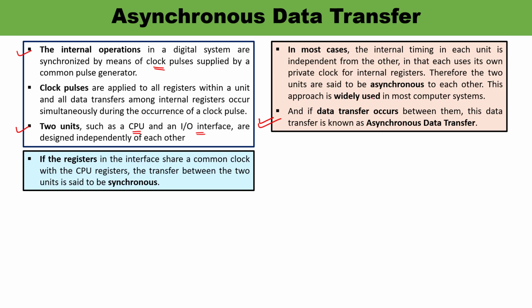When we are talking about asynchronous data transfer, that is, data transfer between two independent units, it requires some kind of control signals also. Why control signals? They give us an indication in terms of time, at which the data is to be sent. What is a control signal?